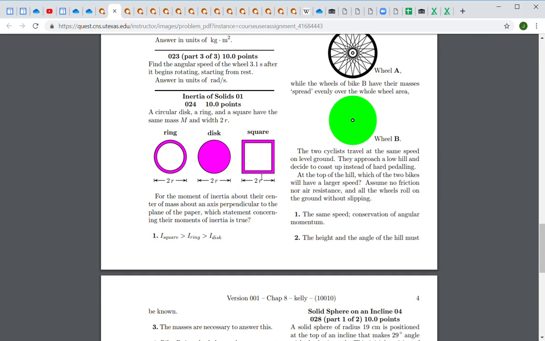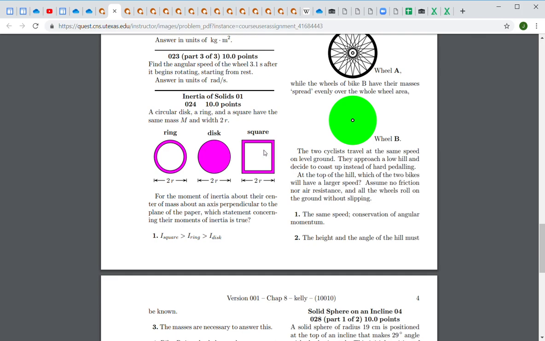Remember, with moment of inertia, the idea is if you have the same bits of mass, but the mass is farther away from the rotation axis, and in this case, reading the details here, the rotation axis is at the center of the ring, the center of the disc, and the center of the square. If we have the same mass in all the purple regions shown here, in which case is the mass farthest away from the axis on average?